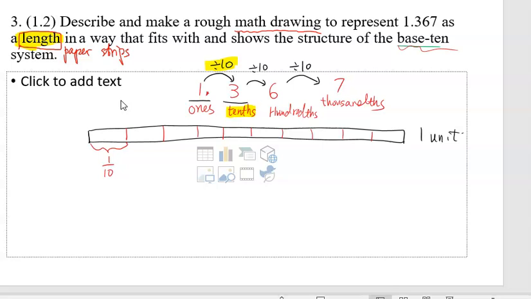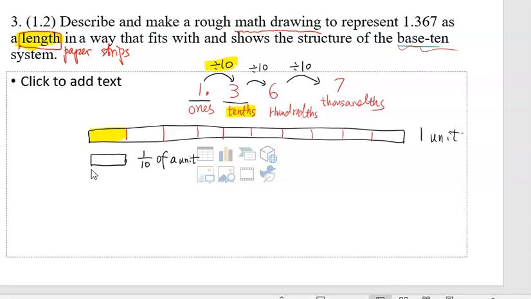I'm just going to label the first one here. So we got the tenths generated, and I'm going to copy that down to another one here. This is our 1/10, labeled 1/10 of a unit.